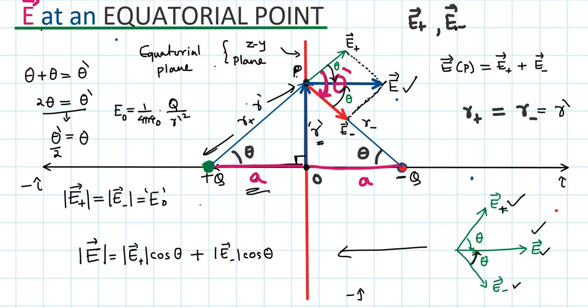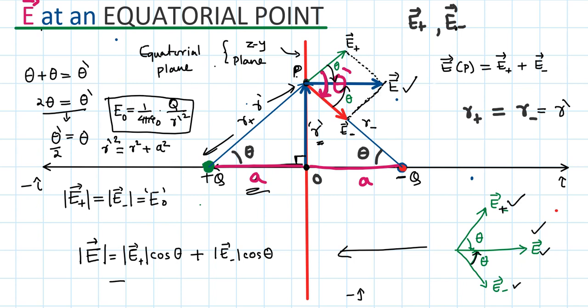R prime will be the square root of the sum of the squares of the base and the altitude. A is the base, R is the altitude, R prime is the hypotenuse. So we end up with R prime squared equal to R squared plus A squared. Now I can replace R prime in the equation for the magnitude of the electric field. Very good.